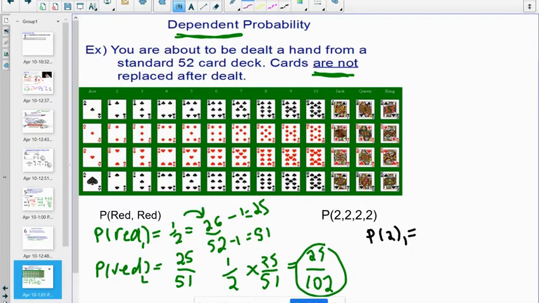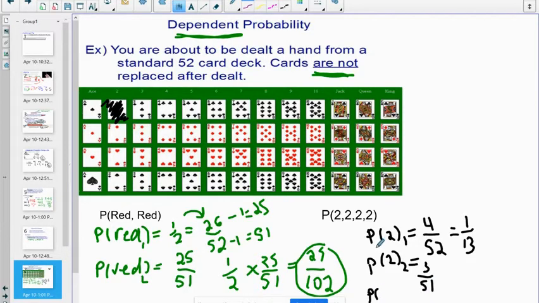Probability of a 2 is there's 4 2s out of a deck of 52 cards, and that reduces to 1/13. Probability of the second 2, because there's one less card now, and there's one less 2, so let's cross out this 2 here. There's 3 2s left, and there's one less card. So 3 out of 51.